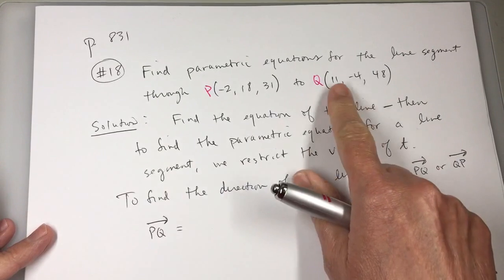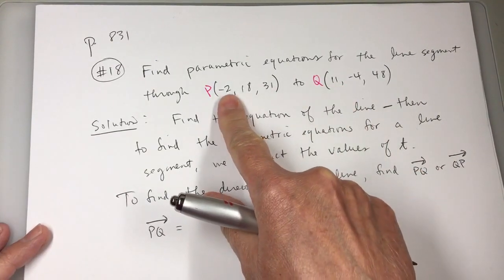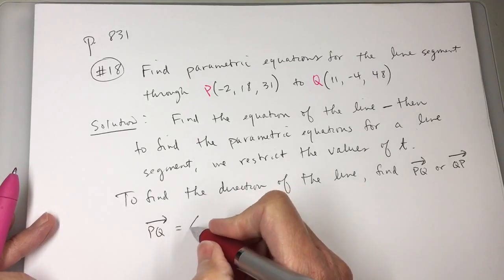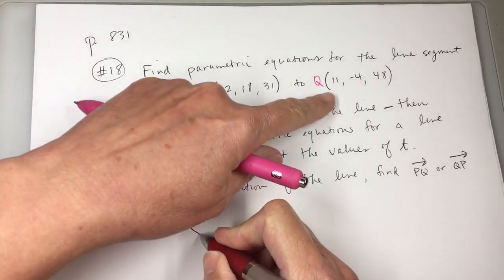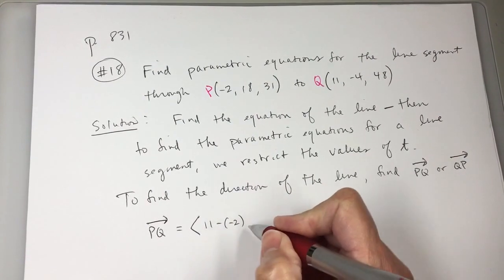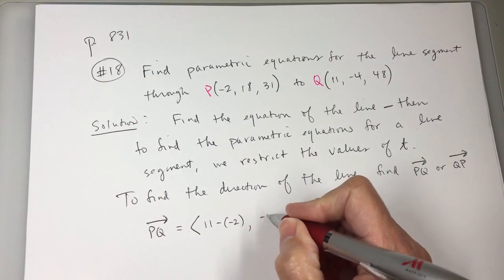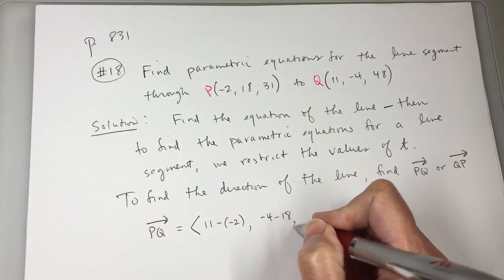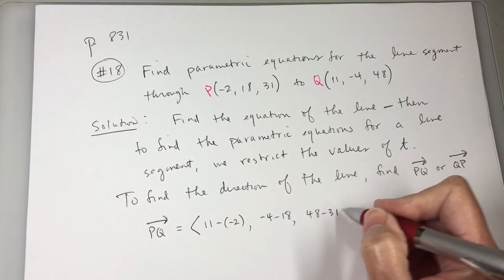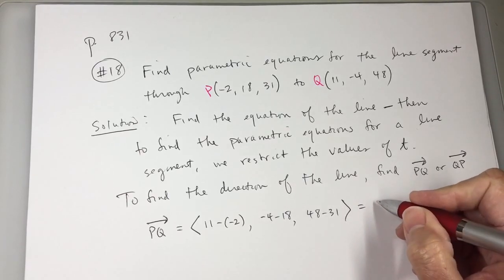I kind of looked at it. I saw 11 minus -2, a positive number. That sounded good to me. So for PQ, Q minus P, 11 minus -2 is the first component. -4 minus 18 is the second component. And 48 minus 31 is the third component.